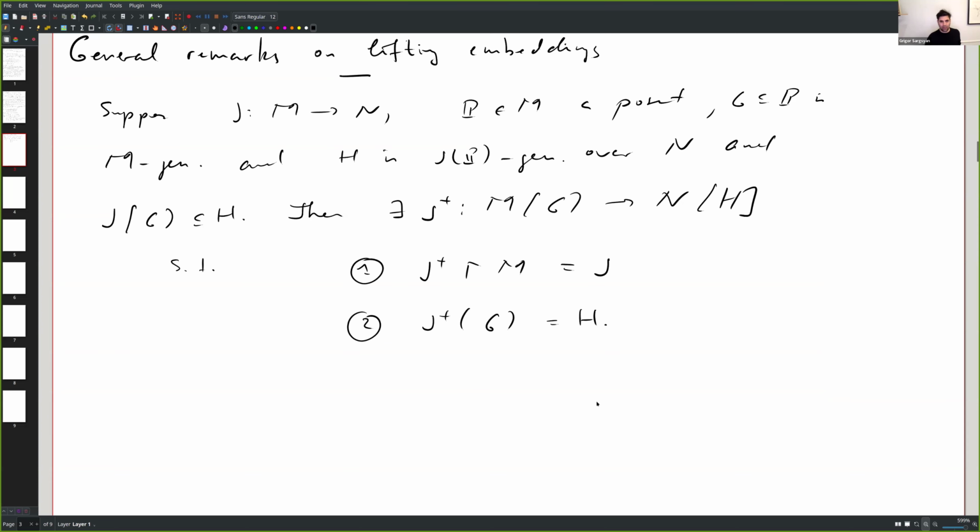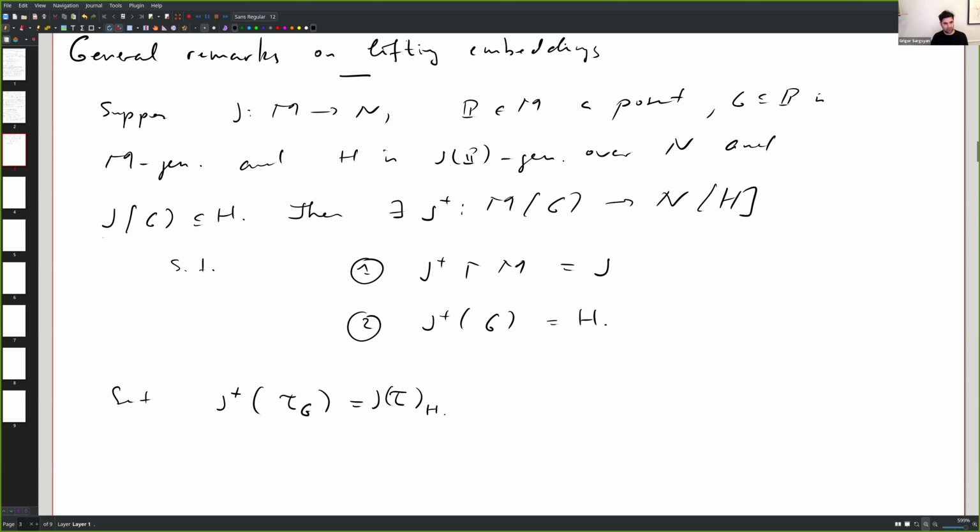Okay, so how are we going to do it? It's not hard at all. Just set j^+(tau^G) to be j(tau)^H. The point is that j is acting on tau because tau is just a name. So I pick a name, I send it by j, and I evaluate by H. So why do I need this condition?